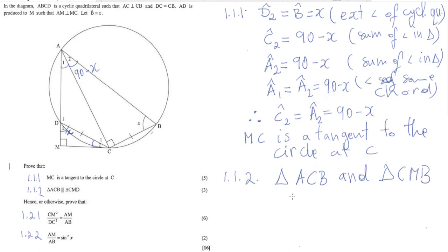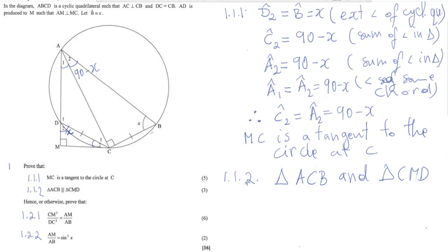So what actually do we have to prove here? We have to prove that triangle ACB is similar to triangle CMD. So we have to prove that this triangle is equal to this one.